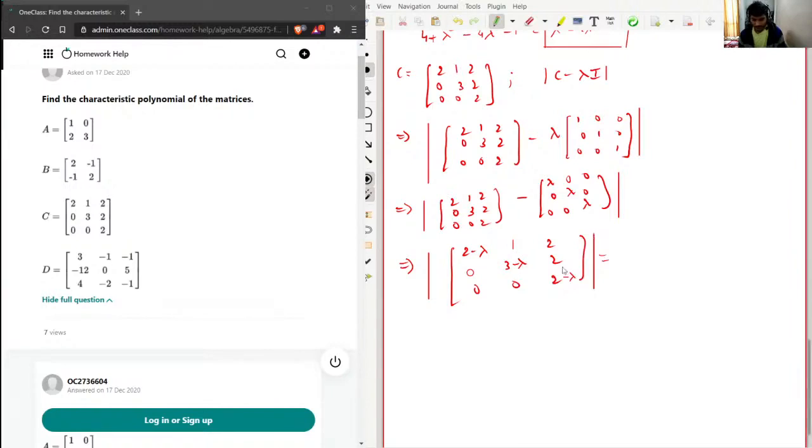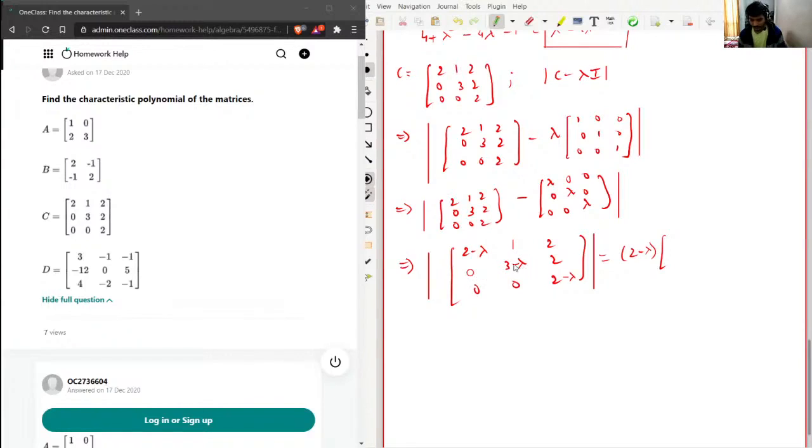Now I'll take the determinant. So for taking the determinant of a 3 cross 3 matrix, what we do is that we fix the first row and first column, then we multiply these two terms, then we subtract this with this, and we multiply that whole with this term. So it will be 2 minus lambda times, so I'll just fix this first column and first row.